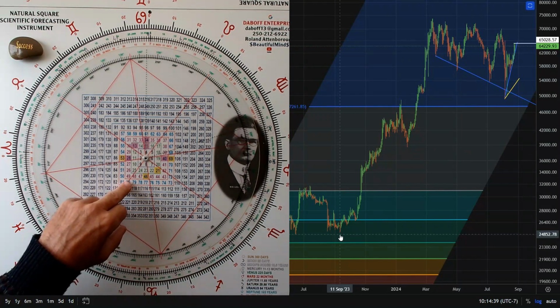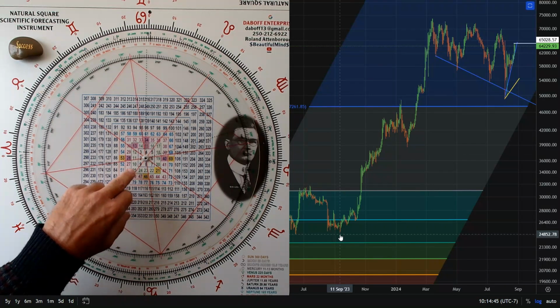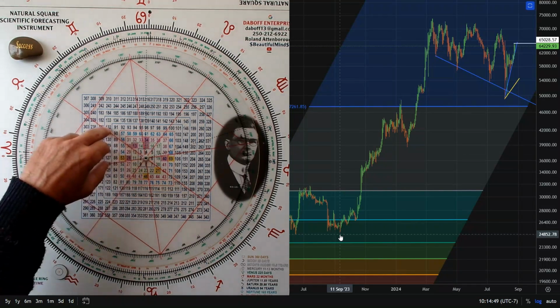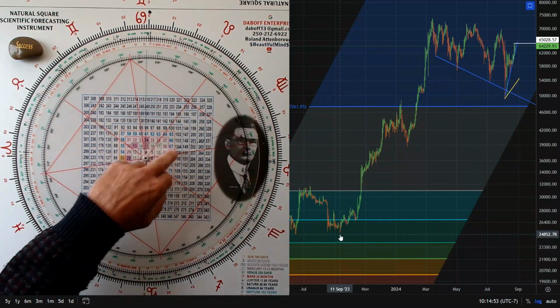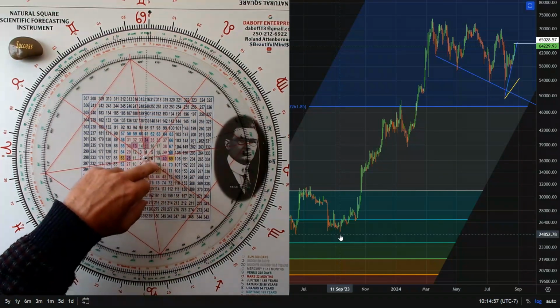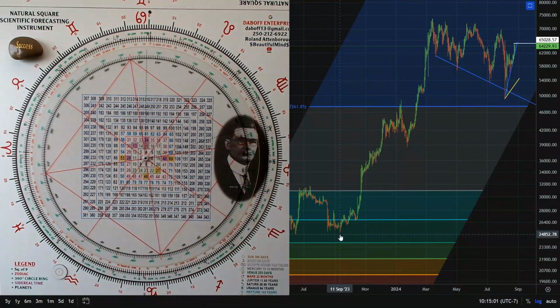Keeping in mind, when we align the price as well, we will note that numbers on these red octaves or lines will vibrate with our time as well. So we will be looking for areas where tops and bottoms or changes in trend would occur.